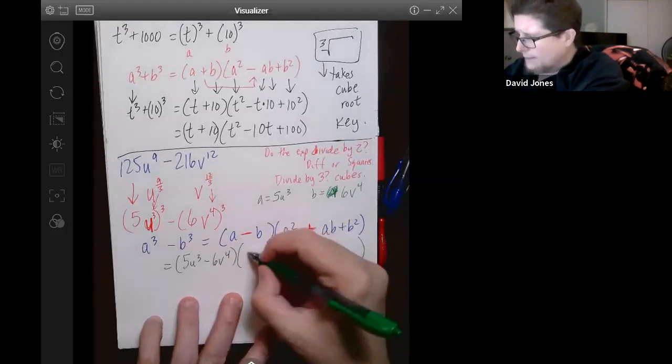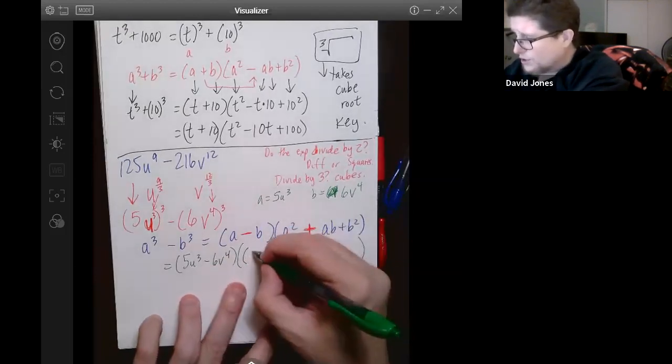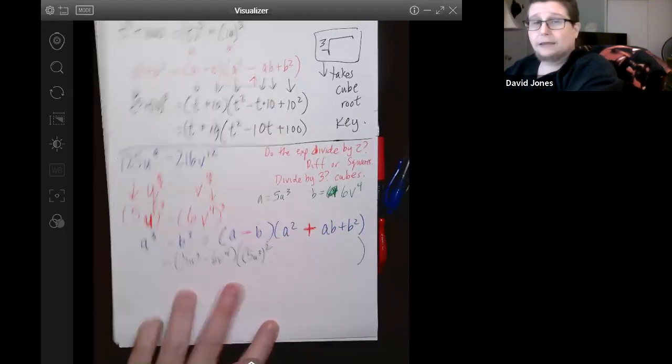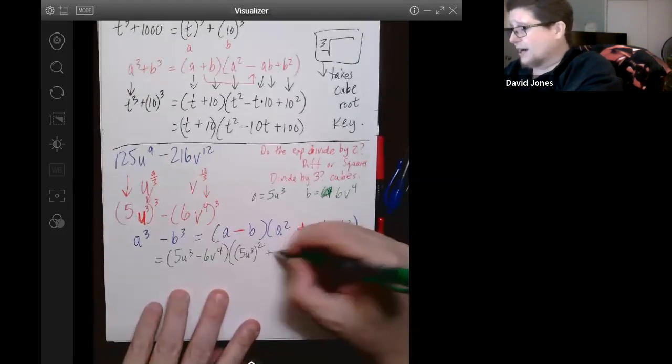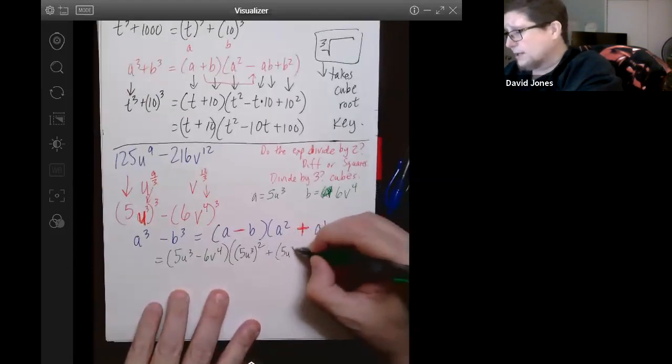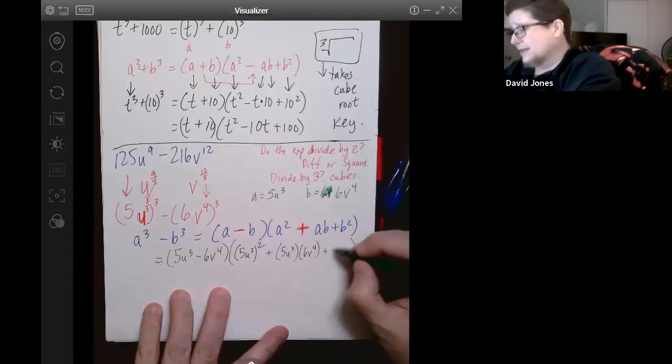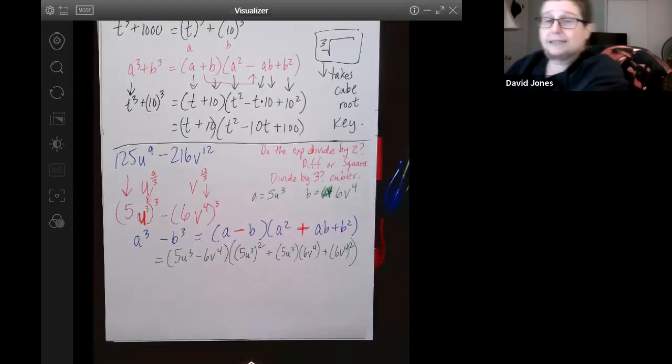A squared, I need to make sure the 5 gets squared too. So I'm going to put 5u cubed in parentheses when I square it. And then I've got 5u cubed times 6b to the 4th power. And then I need to add 6b to the 4th power squared. So we'll put that in parentheses.